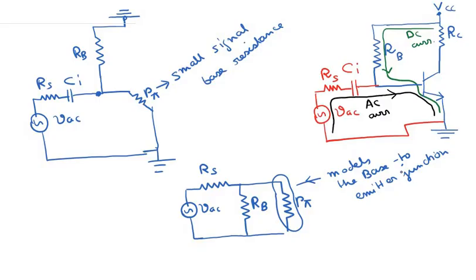Here we have modeled the base to emitter junction by the small signal base resistor. But how to model the collector junction? Note that the current flowing into the collector junction is basically dependent on the base current.